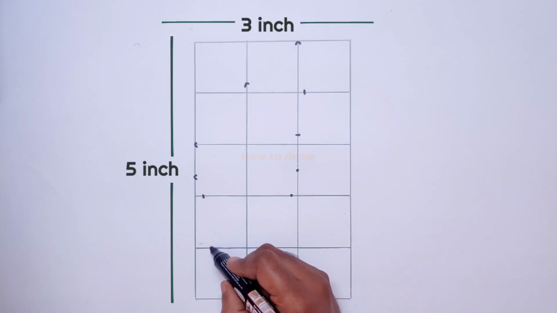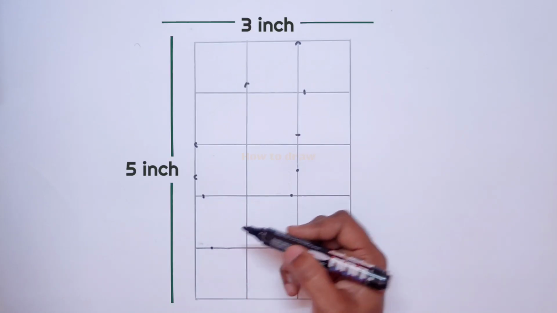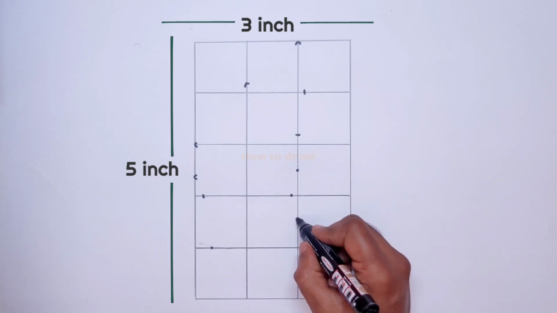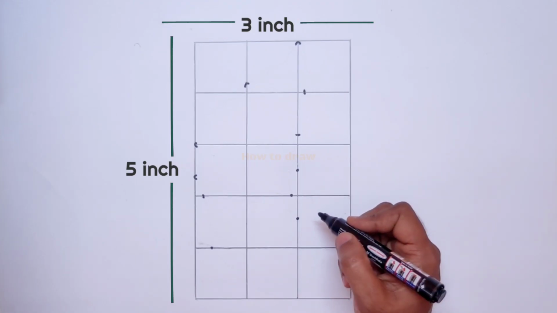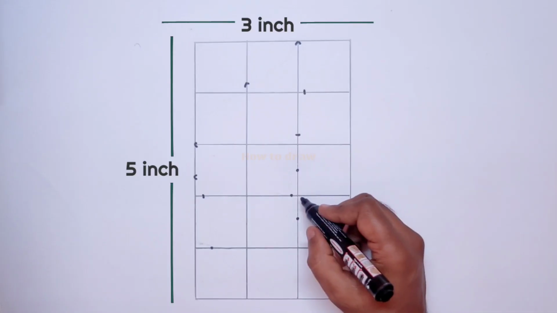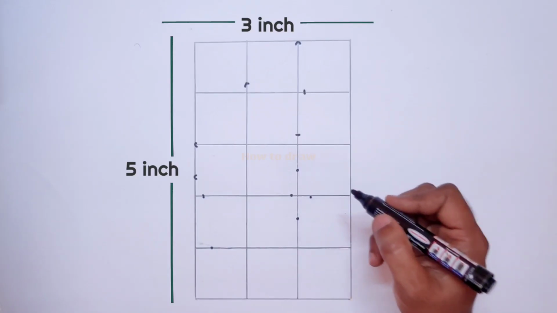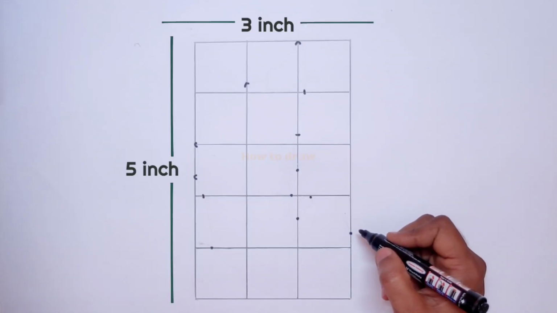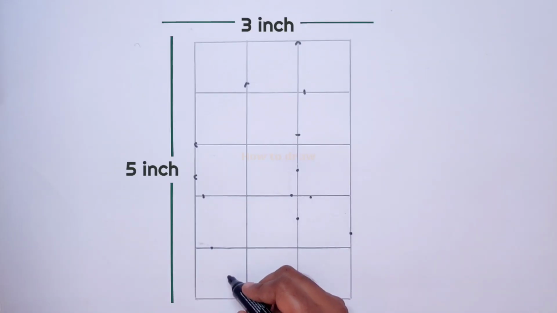And coming to this box, a little far from the center, we have to make a point like this. In this box here we have to make a point. And coming to this box, at the top we have to make one point here, and on the right side, here we have to make a point.